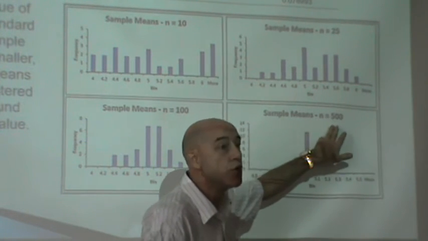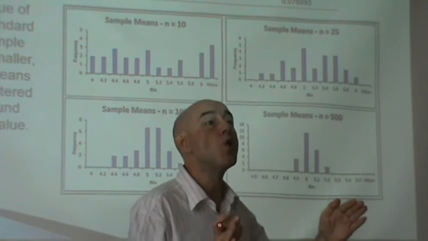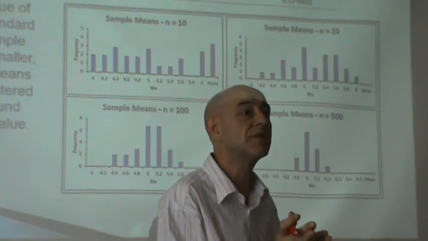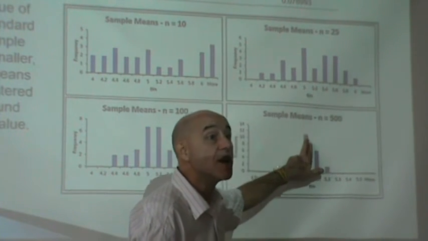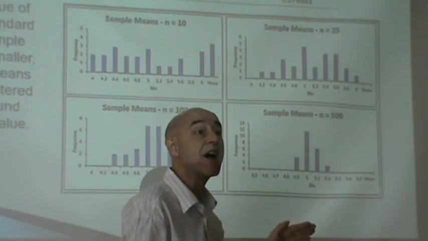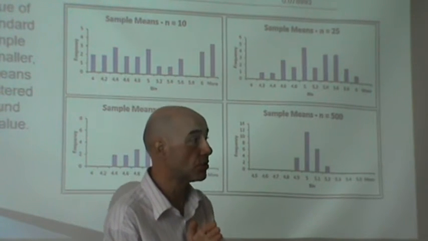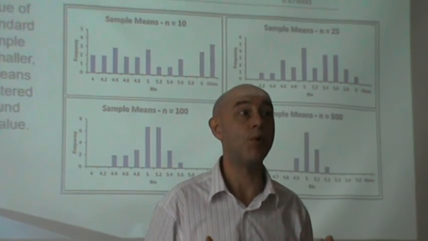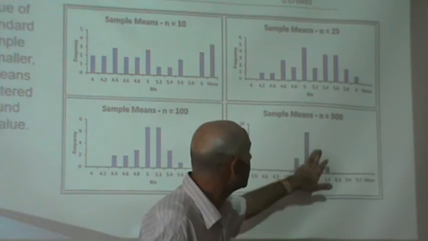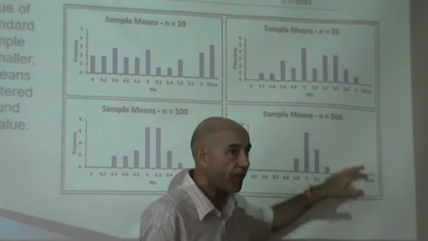So as you increase the size of the sample, your precision increases. A different way of saying it is that your estimate will become closer and closer to the true estimate. So if precision is important, you need to increase the sample size.